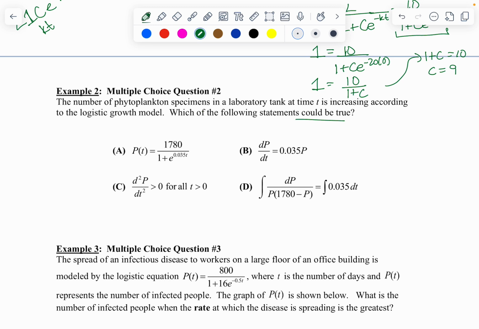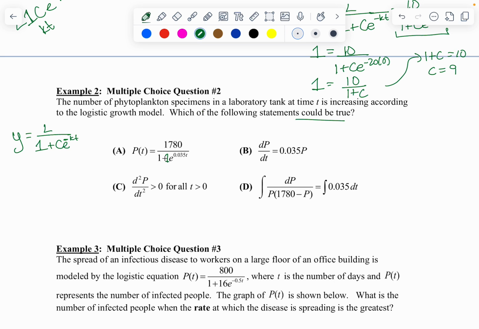So A, let's look at A. Why does this not work? Why does this not follow the form? Now, this is the general form, and it should look like this, right? L over 1 plus C e to the minus KT. So it's almost close.